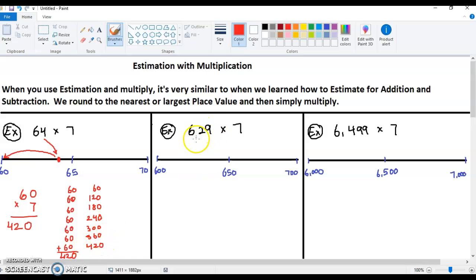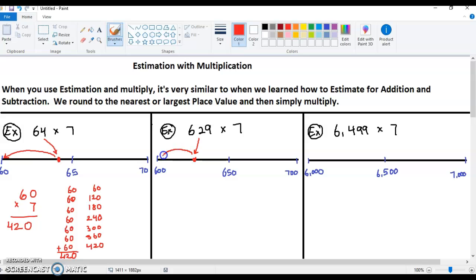Okay, so moving over to the next one, it says 629 times 7, and then we have to ask ourselves, well, is 629 going to be closer to 600 over here, or is that going to be closer to 700 over here? And again, look at the number line. Halfway from 600 to 700 is 650. 629 is less than halfway, so it's probably right around here.